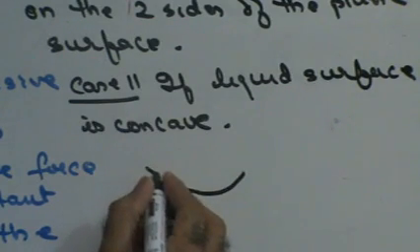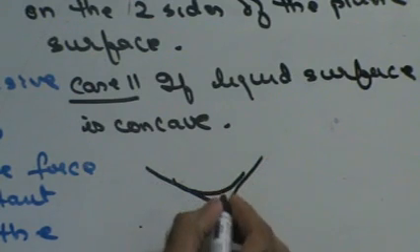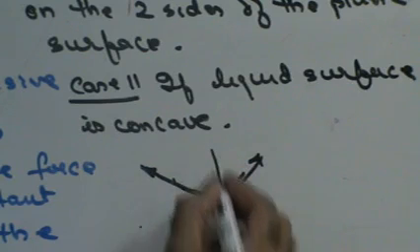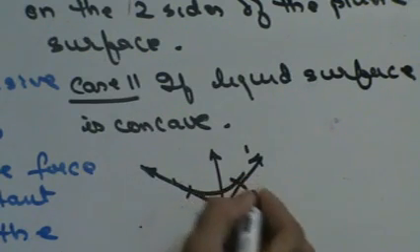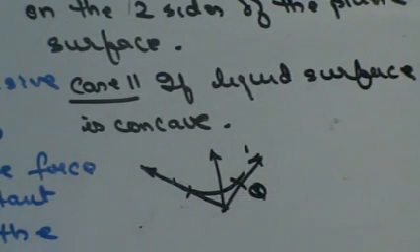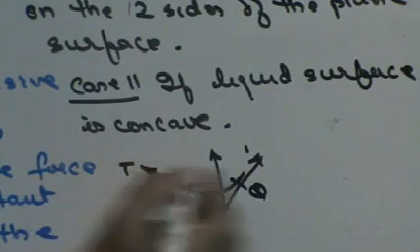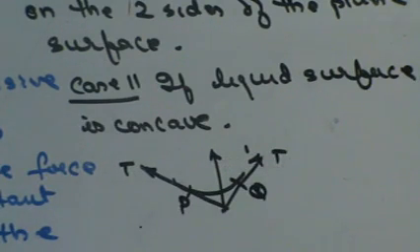In a concave region, you have tension acting perpendicular to the surface. The resultant of these two forces is going to act vertically upwards. So at point P there would be a tension, and at point Q there would be a tension, and the resultant of the two forces will act vertically upwards, right?